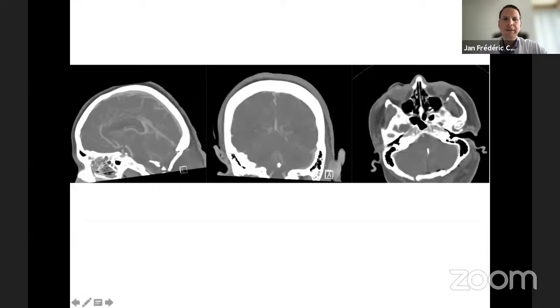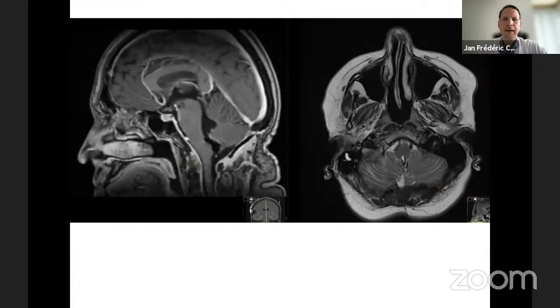And the post-operative CTA. And the MRI that was done at 6 months after surgery. So just 2 more cases to show that this approach is also nice and adequate for vascular lesions such as cavernomas and some very rare aneurysms of the PICA that are not treated by endovascular therapy.